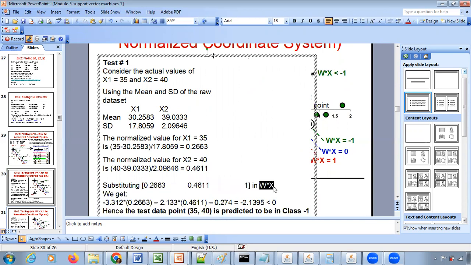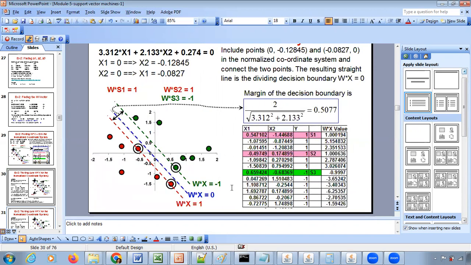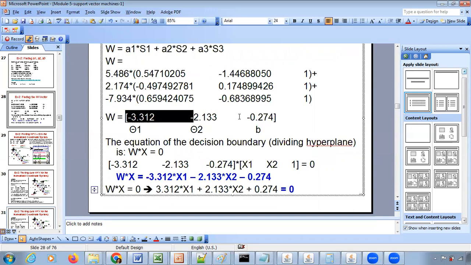Again, we are just finding w times x, not any equation. So we have to use the actual theta values that we got. So negative 3.312 times this normalized thing, minus, because theta 2 was also negative. Theta 1 times x1 plus theta 2 times x2 plus b, and b here is negative as well.